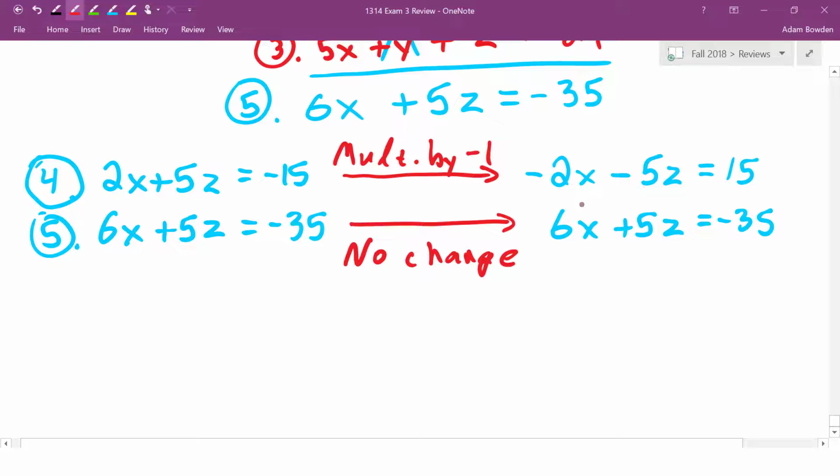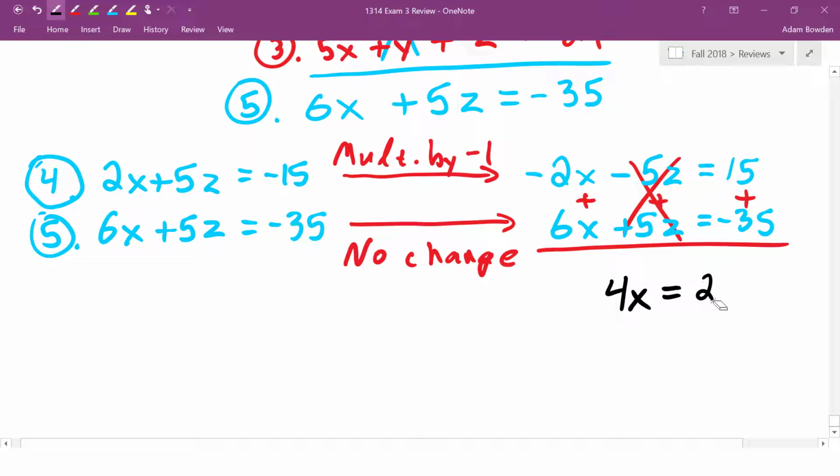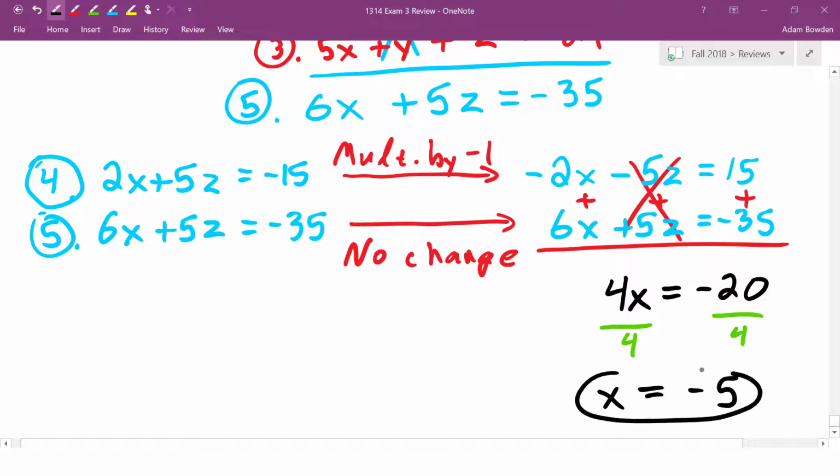But now when we add these equations together, we'll see the z's are going to cancel, and we're going to be left with 4x equals negative 20. And now it's just a matter of dividing out the 4, and we'll get x is equal to minus 5.